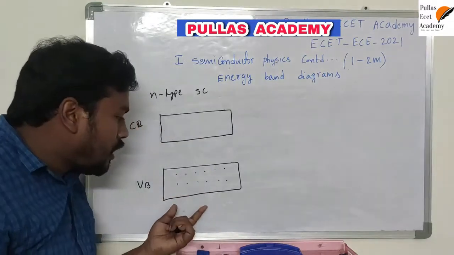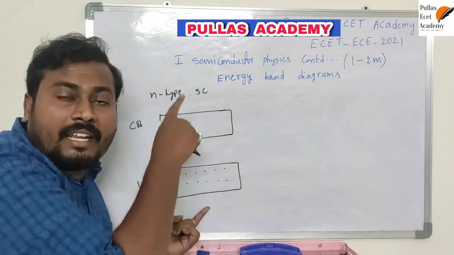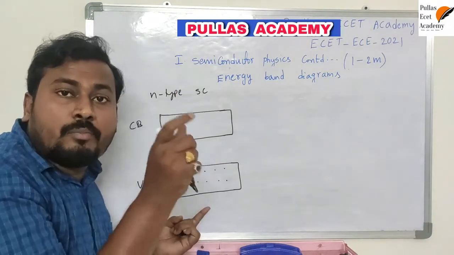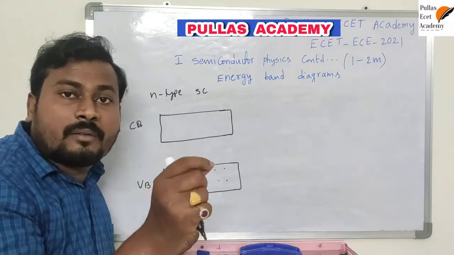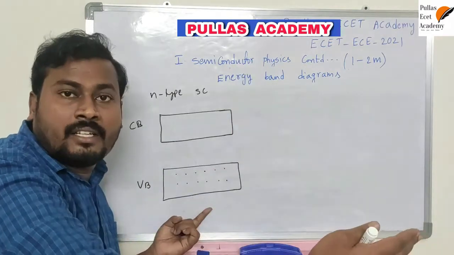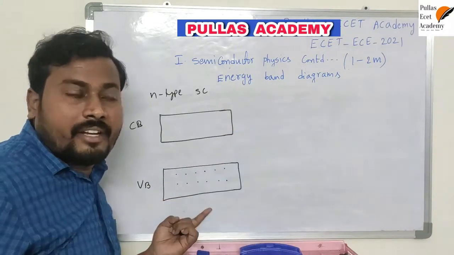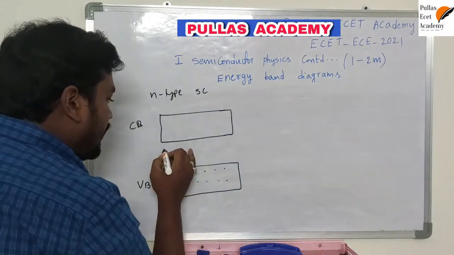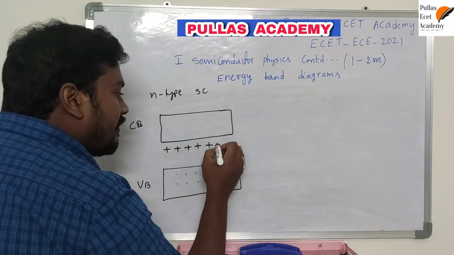So here these electrons are the bounded electrons, and in N-type semiconductor there is an impurity atom called phosphorus atom. Phosphorus atom has a 5th electron which it is ready to donate. That donation will happen at T equal to 100 Kelvin, which means that it will be near to this conduction band. So there is an additional energy level.